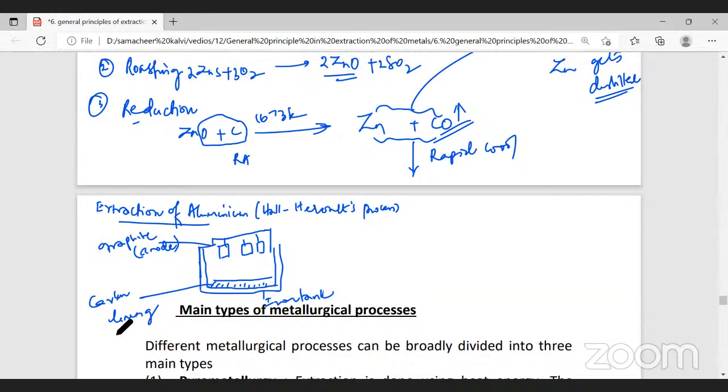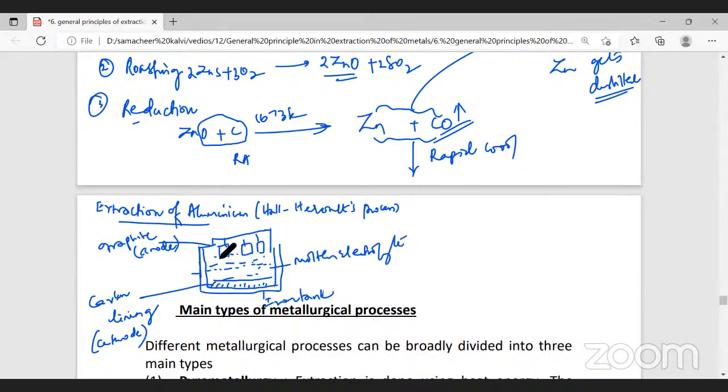And this carbon lining acts as cathode. Cathode is a negative electrode, remember. And inside this, we take molten electrolyte, a semi-liquid electrolyte.